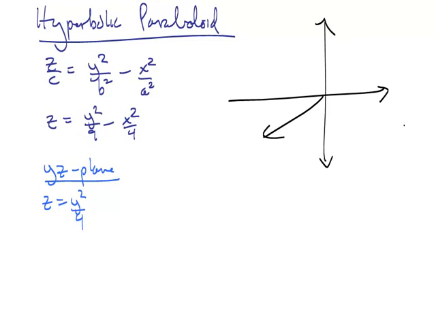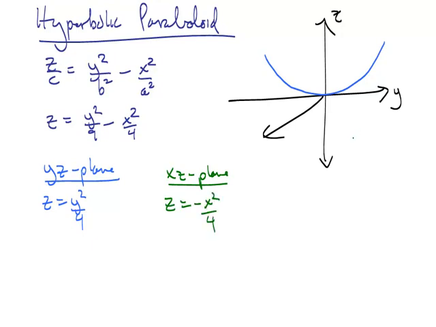We're just trying to justify where those pictures come from. That's just on the yz plane. It's just a parabola opening up. So it's going to be something like this. Now let's take a look at the xz plane. Here I have z equals negative x squared over 4. That's a parabola, but opening down. So that looks something like this.